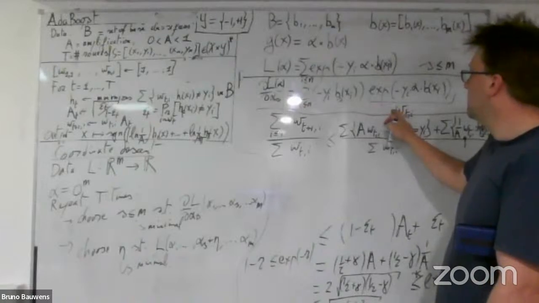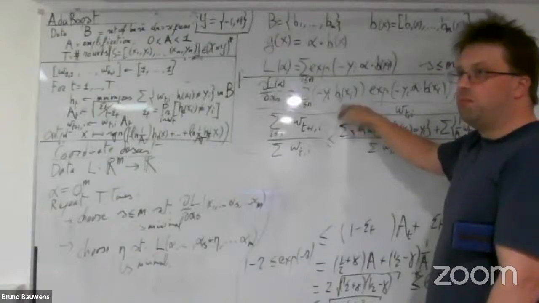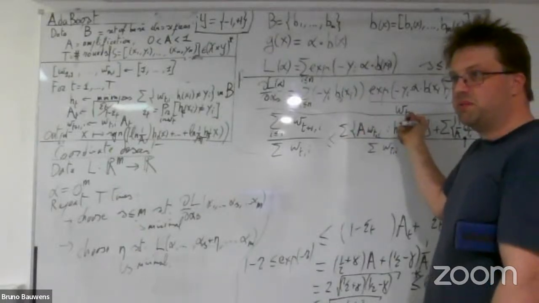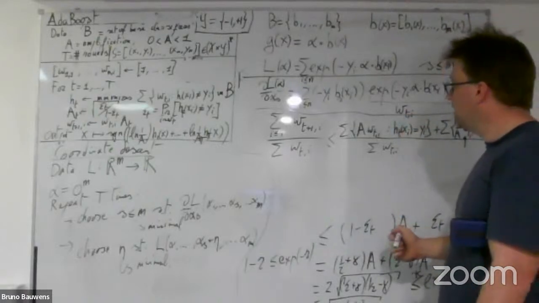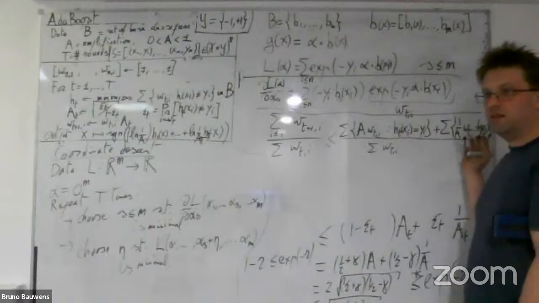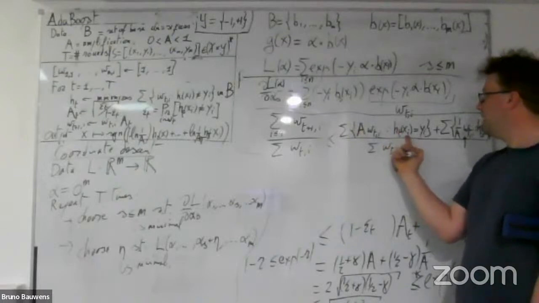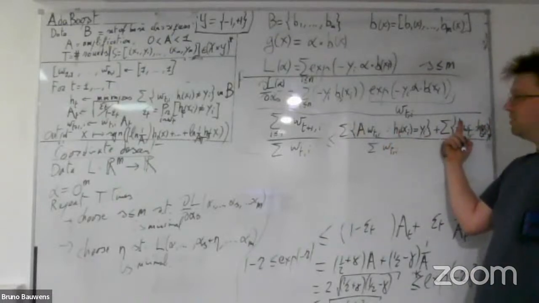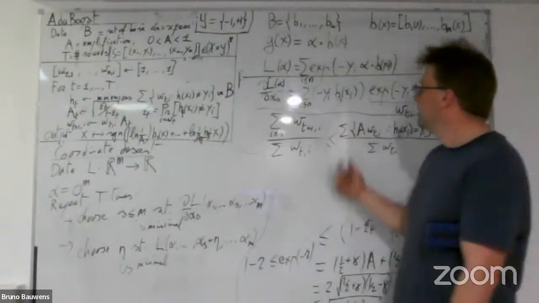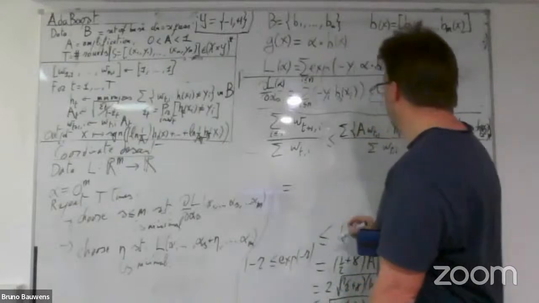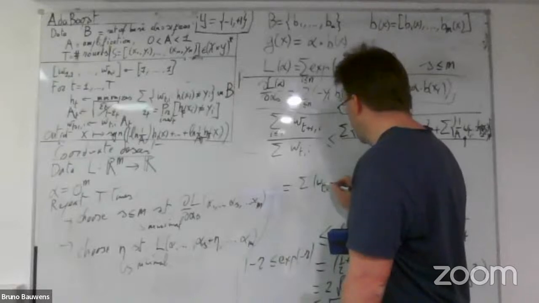So this is equal to the sum of all weights where b_s is right, minus the sum of all weights where b_s is wrong. This is very similar to what we had here.